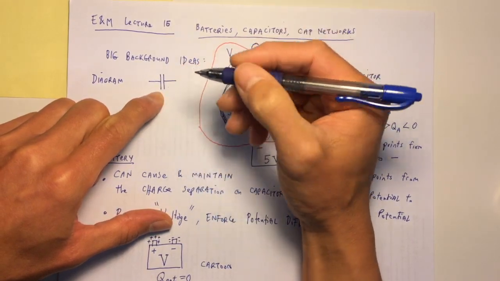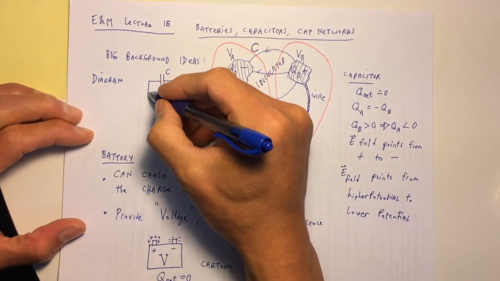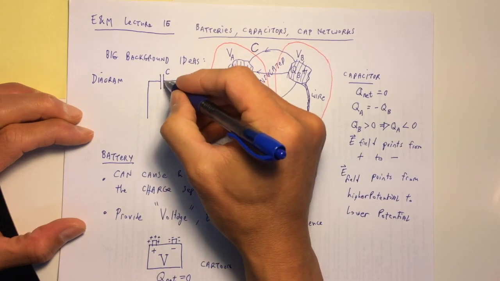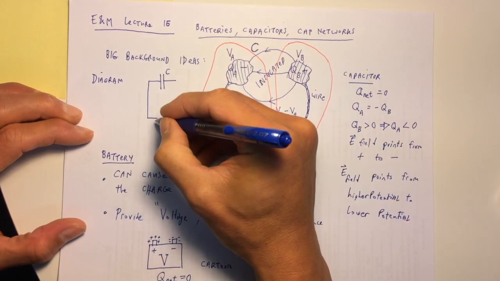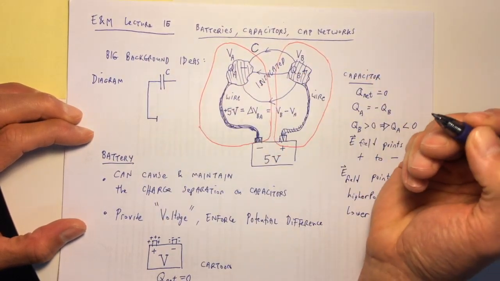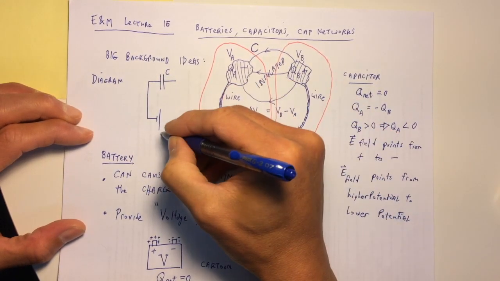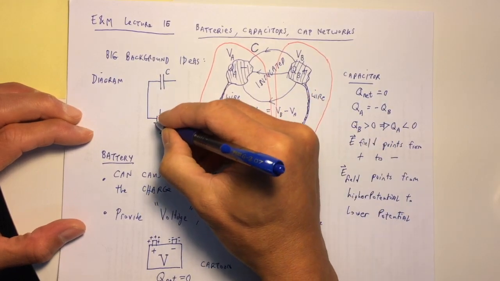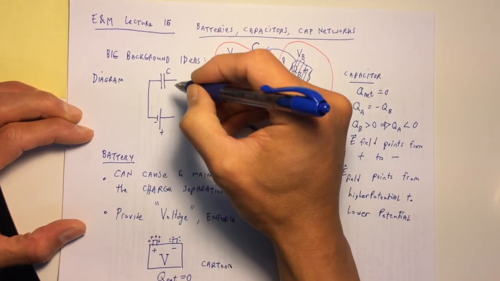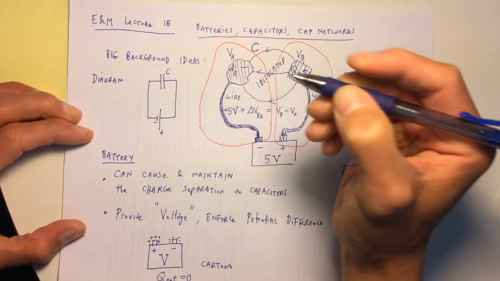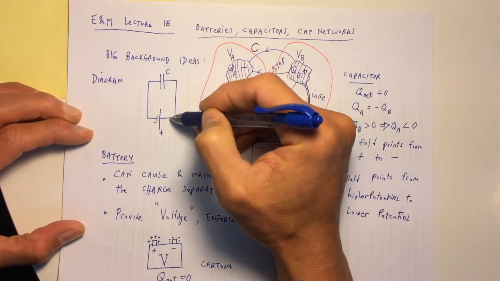It looks like the parallel plate capacitor, and I'm going to label it with its capacitance C. And then with wires, which are thin lines, they go from one side of the capacitor to the negative terminal of a battery, which is drawn as a short line. The long line is the positive terminal of the battery. So these are the plus and the minus sides of the battery. And you just complete the circuit to the other side of the capacitor with a different wire.